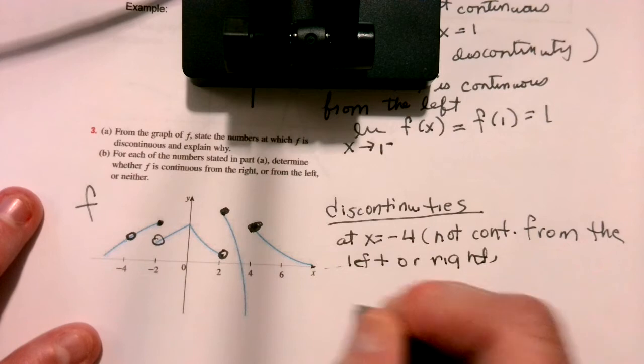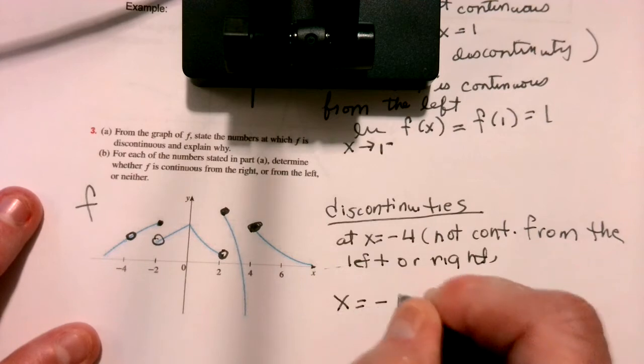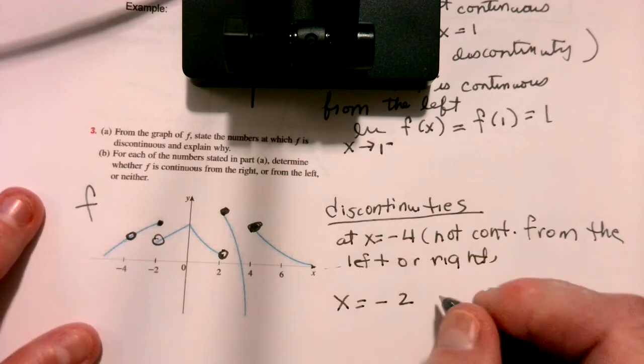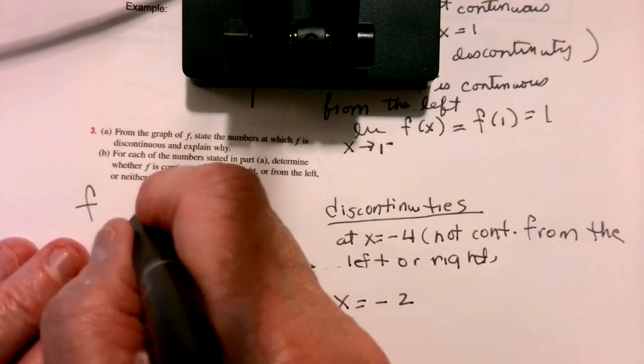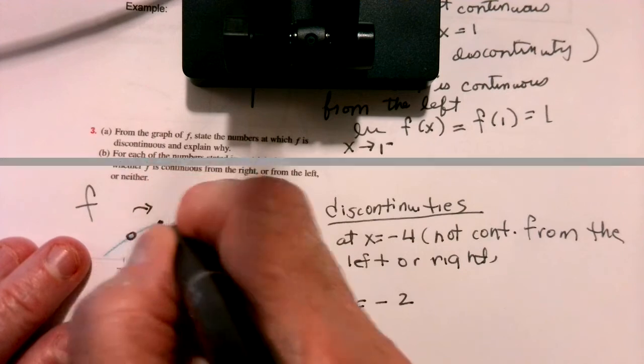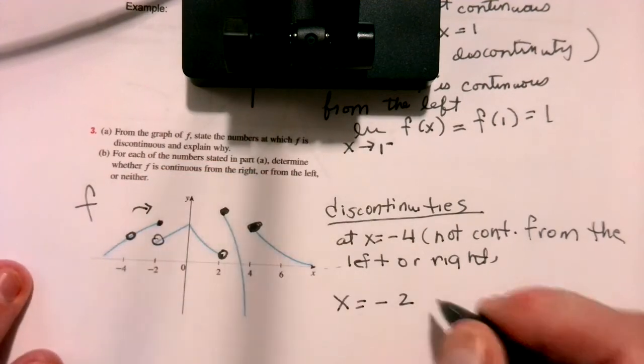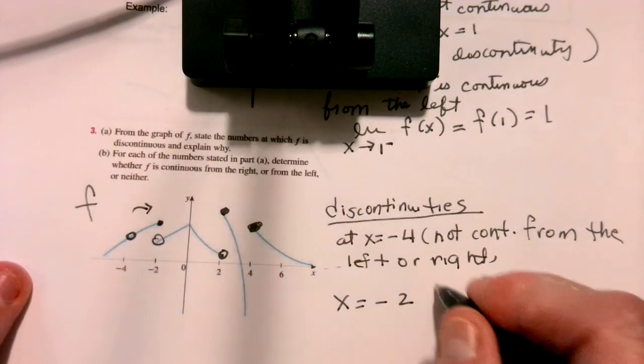Okay, and then the next place it's not continuous is at x equal -2. And at x equal -2, it is continuous from the left, because you're coming in from the left, you're coming in towards the solid dot. So it is continuous from the left.